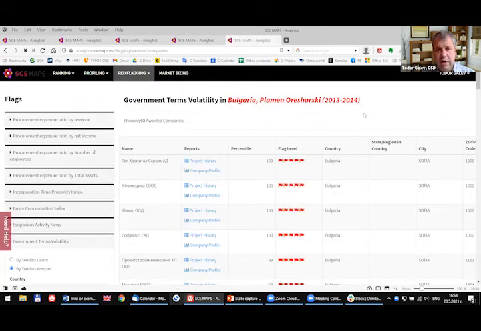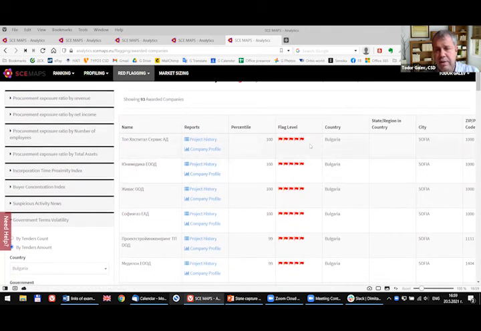Here is a red flag for so-called government terms volatility, to see whether there are companies that are favored by a given government. This is a ranking for the government of Plamen Oresharski in Bulgaria in 2013-2014. And here are the companies.